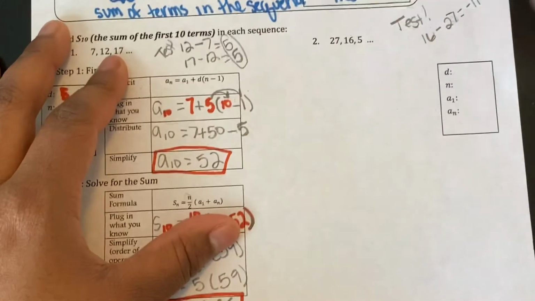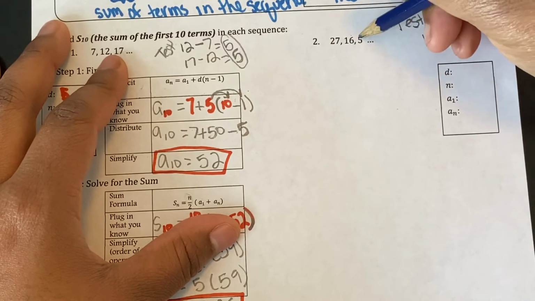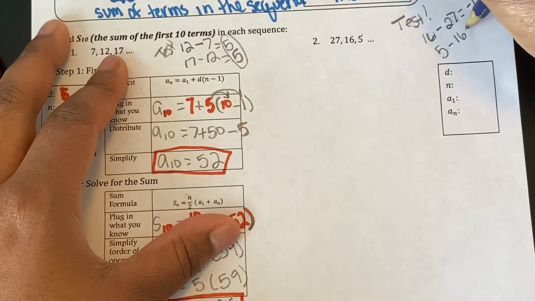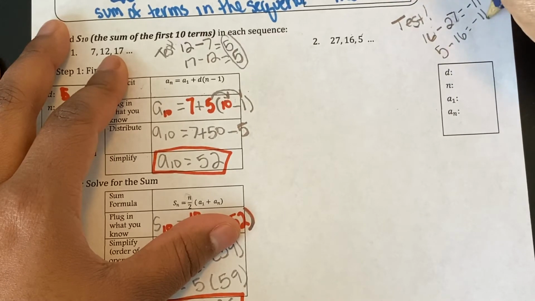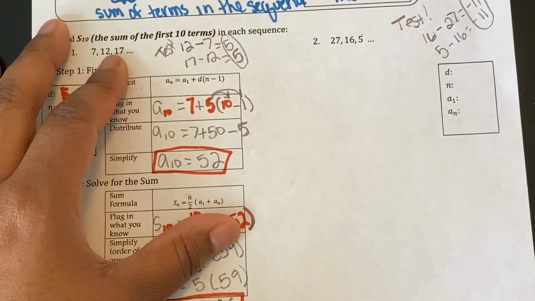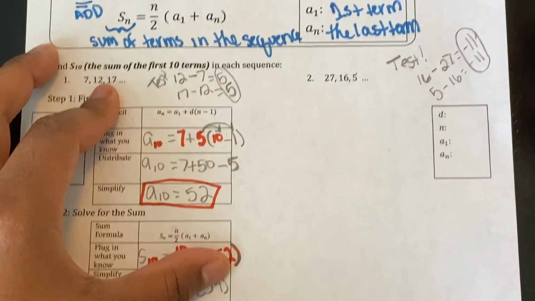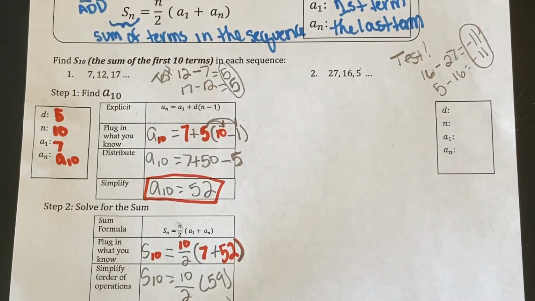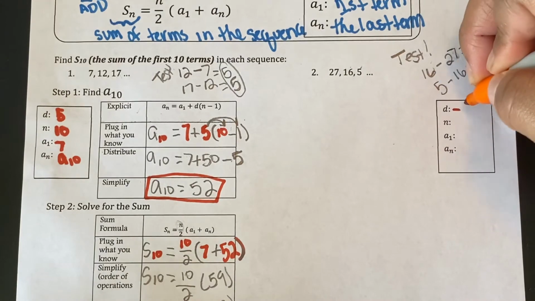Now I'm going to take the third term, 5, minus the second term, 16. 5 minus 16 is negative 11. Because I got the same number, I know my common difference here is negative 11.